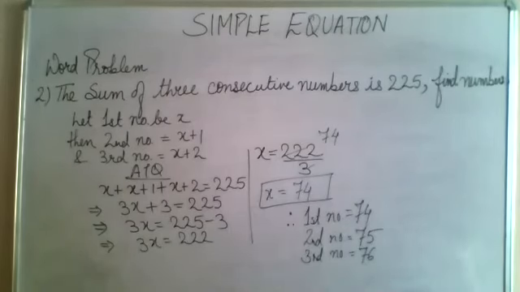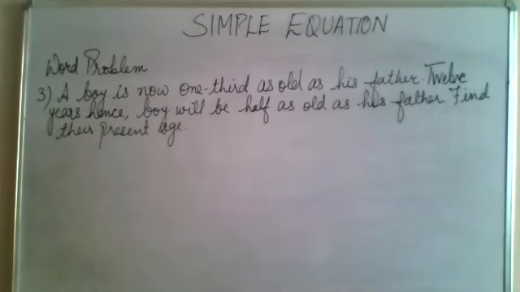Let's take another question. A boy is now 1/3 as old as his father. Now means we are talking about present age. Son is 1/3 of his father's present age. 12 years hence, 12 साल के बाद, 12 years hence means after 12 years, the boy will be half as old as his father. जो रिलेशन आएगा बॉय और फादर के बीच में, the boy will be half of father's age.